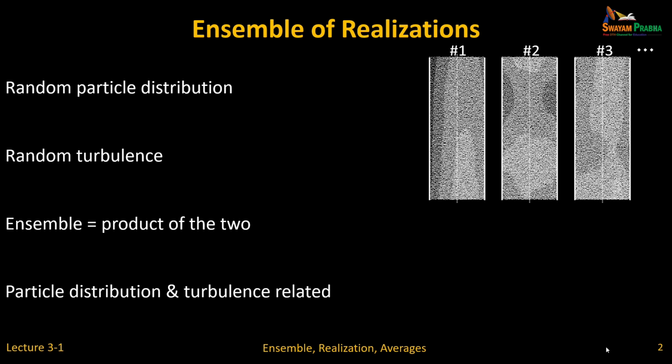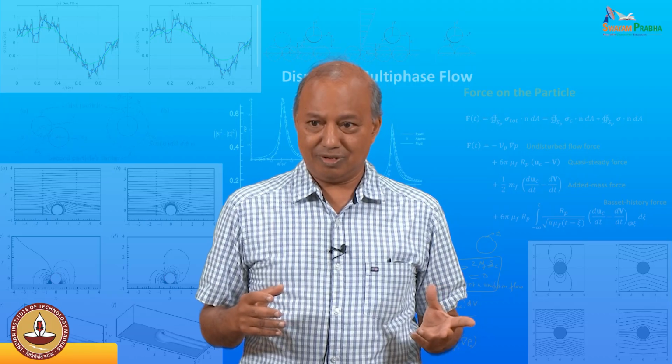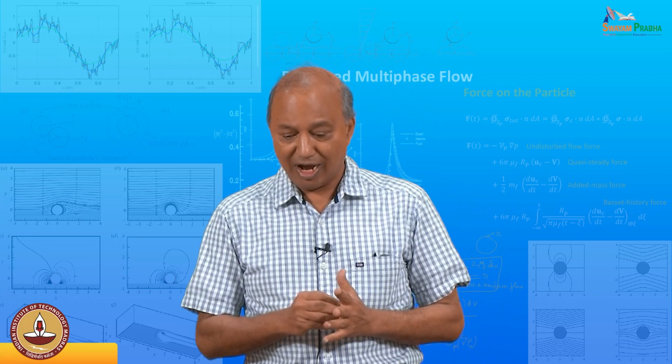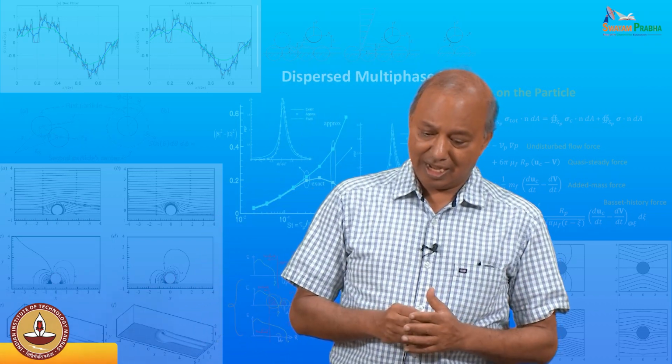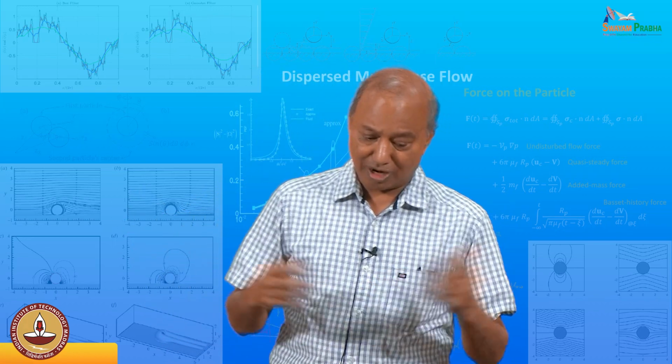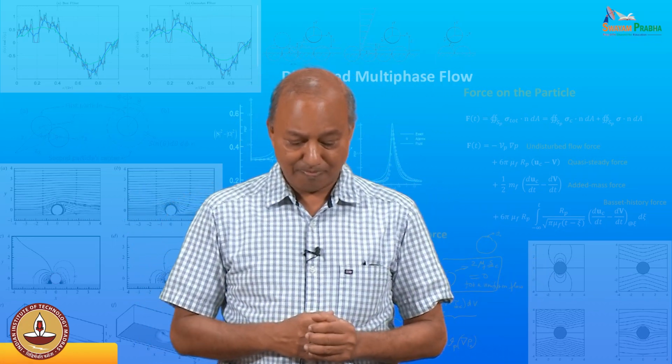No two pictures that you take of your flow are going to look the same, so you have to think in terms of an ensemble. Whatever concept you will have for turbulent flow, we need in multiphase flow, even if it is so-called laminar. So there is random particle distribution.